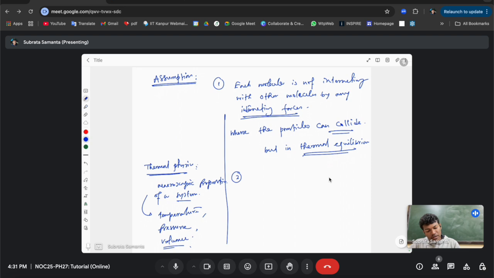Let's say a container contains n molecules, with temperature T and volume V. This is the container, volume V, temperature T, and number of molecules n. Now I want to compute the energy of this molecule, the red dot.